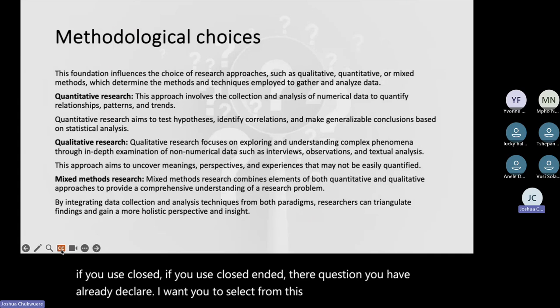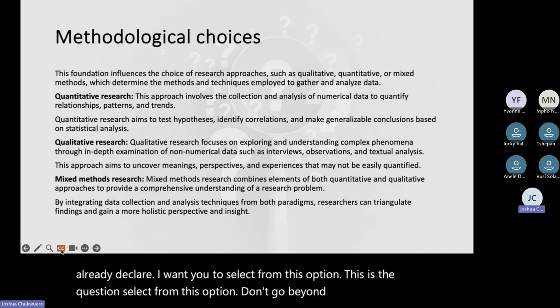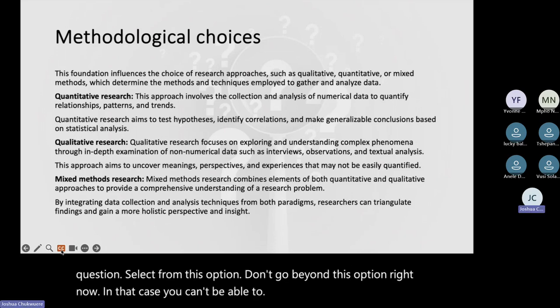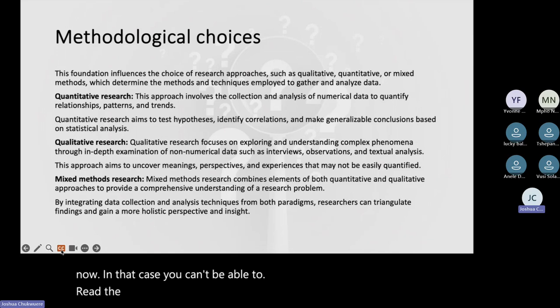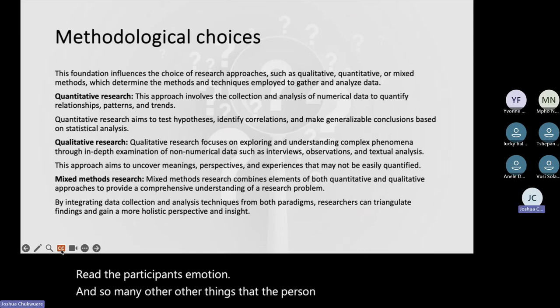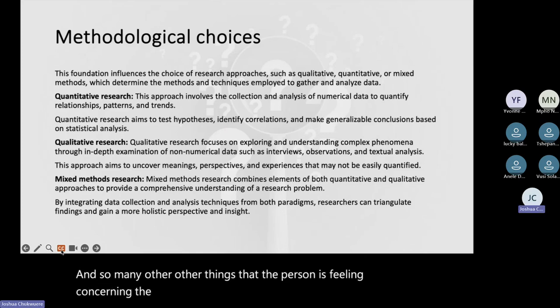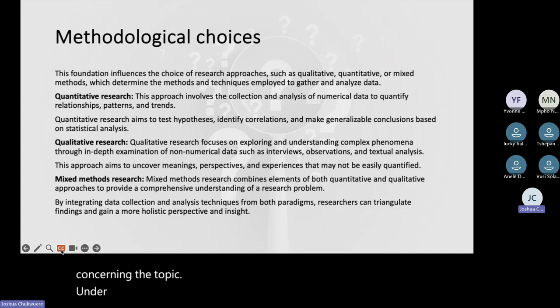This is the question, select from this option, don't go beyond this option, right? In that case, you can't read the participant's emotion, reaction, and so many other things that the person is feeling concerning the topic under discussion, right?